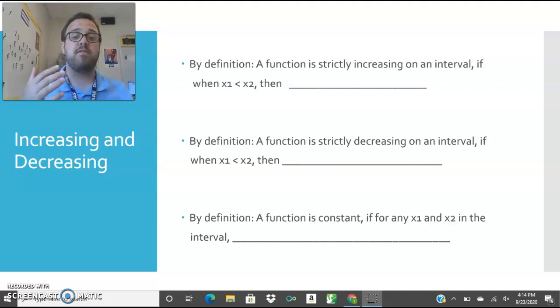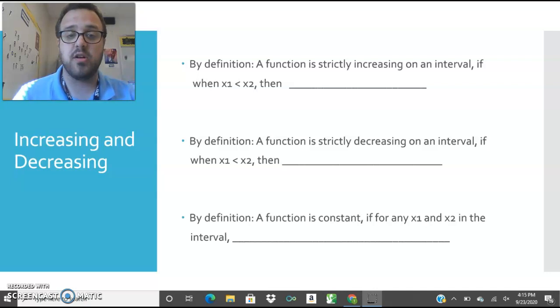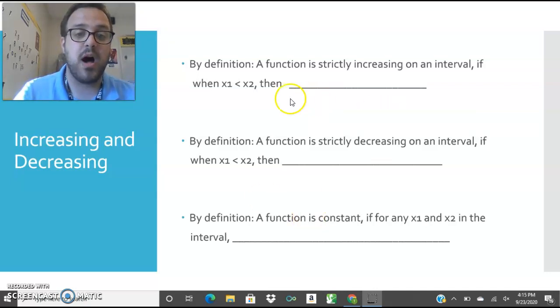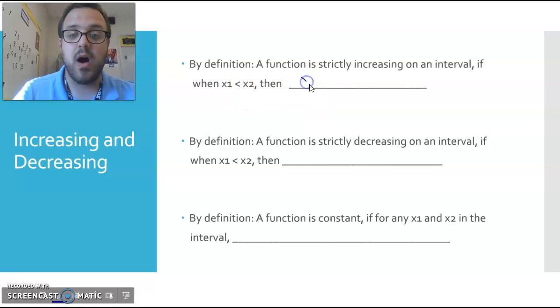But just to have that formal definition for us, a function is strictly increasing on an interval if when x1 is less than x2, then y1 is less than y2, and that's for all x's on that interval.